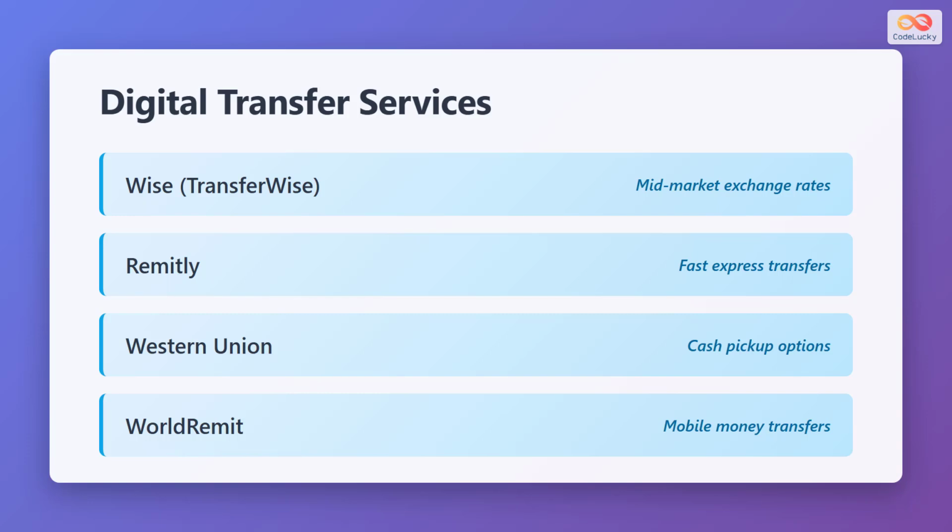Western Union offers extensive global coverage with the unique advantage of cash pickup options, useful when the recipient doesn't have a bank account. WorldRemit focuses on mobile money transfers, allowing funds to be sent directly to mobile wallets in supported countries. These services typically operate through apps or websites, making them convenient and accessible 24 hours a day.